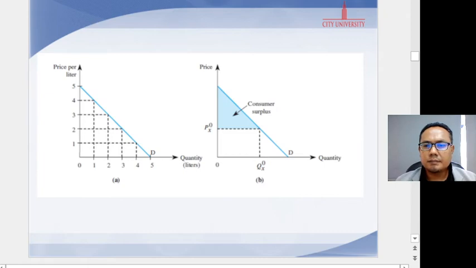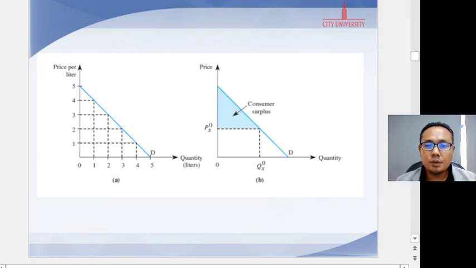Just imagine that the demand curve in graph A represents your demand for water immediately after participating in a 10k run. Initially you are willing to pay a very high price, in this case, let's say $5 per liter for the first drop of water.